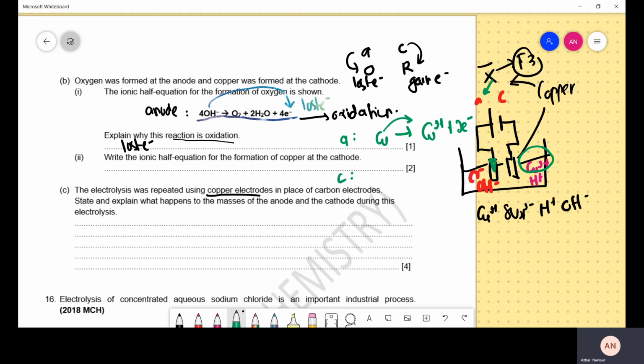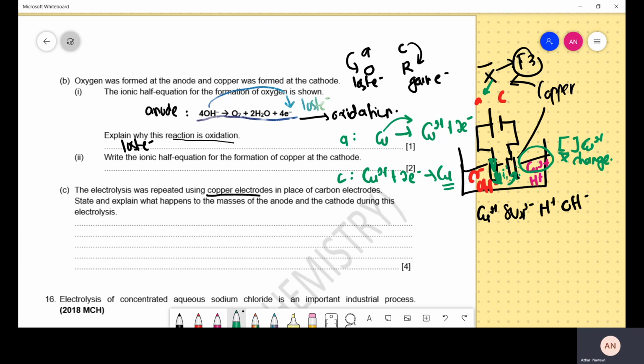Now the cathode: you choose Cu2+, which gains electrons to become Cu. The product is solid Cu, so the cathode becomes thicker. This one becomes thinner, this one becomes thicker. Now the concentration of Cu2+: you produce Cu2+ at one electrode and use Cu2+ at the other, so the concentration of Cu2+ does not change, because the rate of formation and the rate of use are the same.